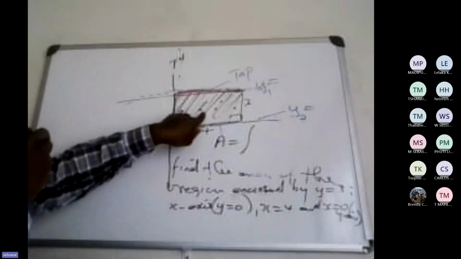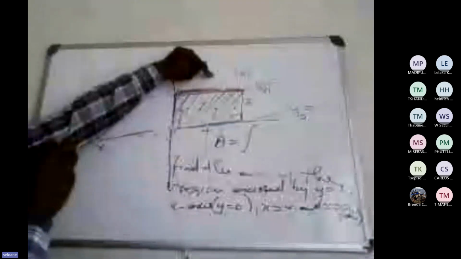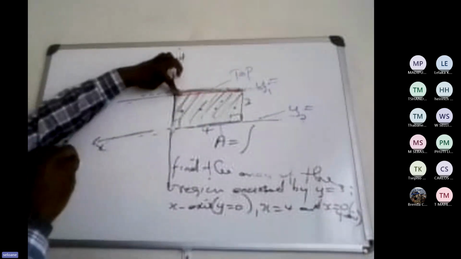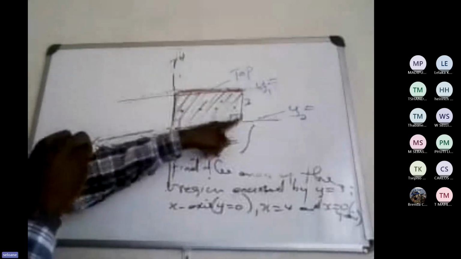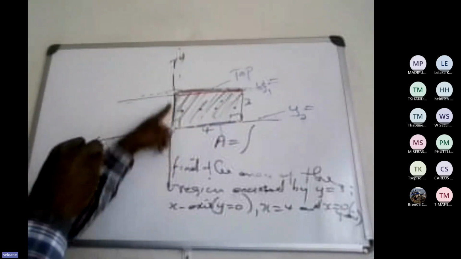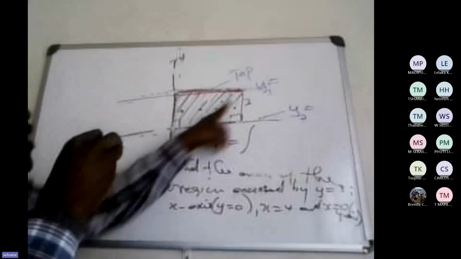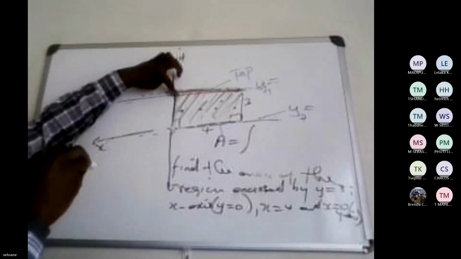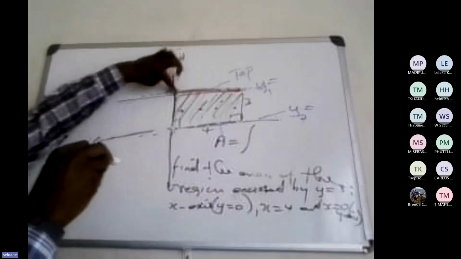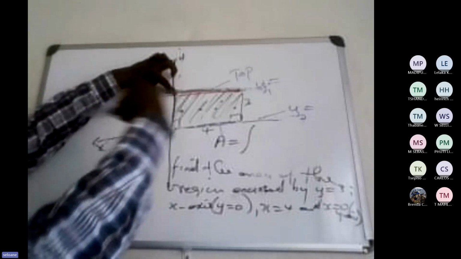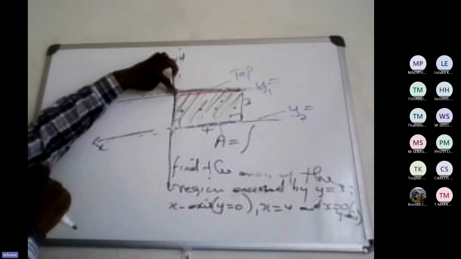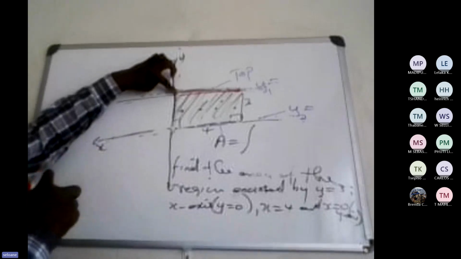You can't be stopped by the bottom function. You will be stopped by this. So it forms our top fence or wall. We call it the top boundary.